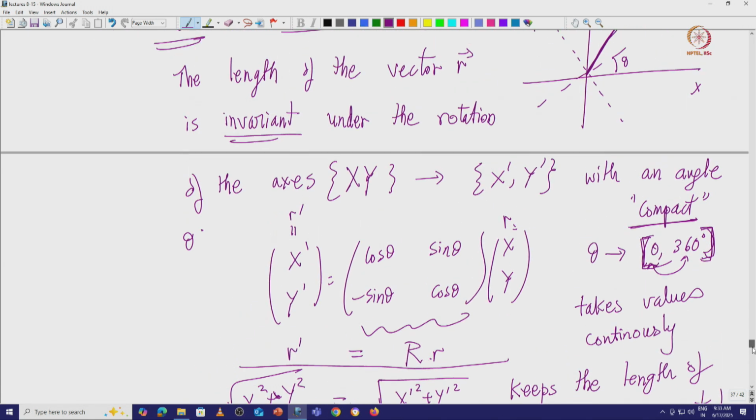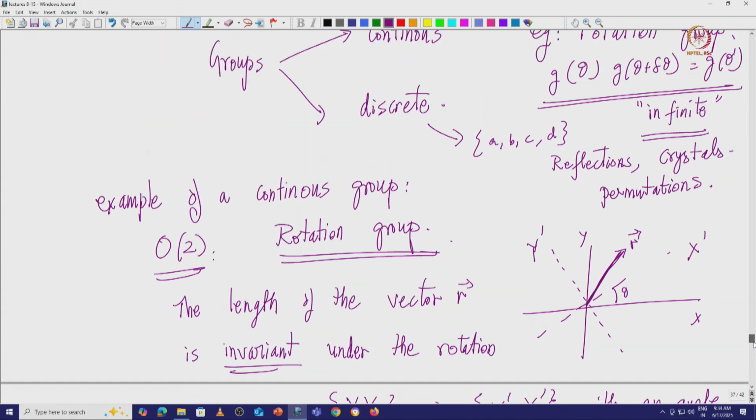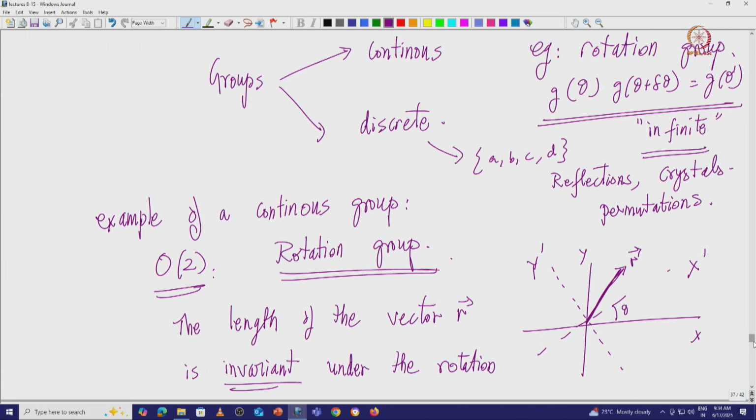So we looked at the rotation group in 2 dimensions. Why is it a group? Because you do one rotation and then another small rotation, and together they form a transformation which also belongs to the rotation group itself, the group element.